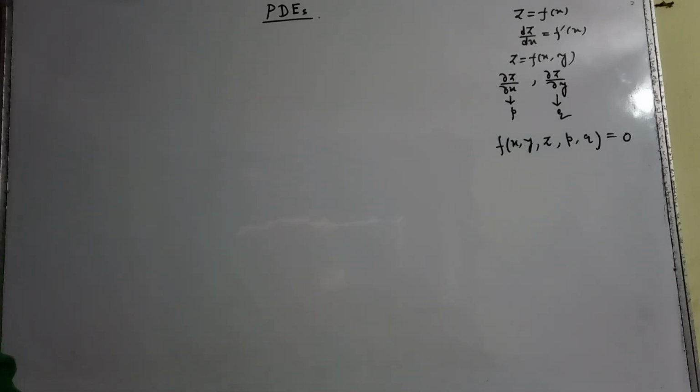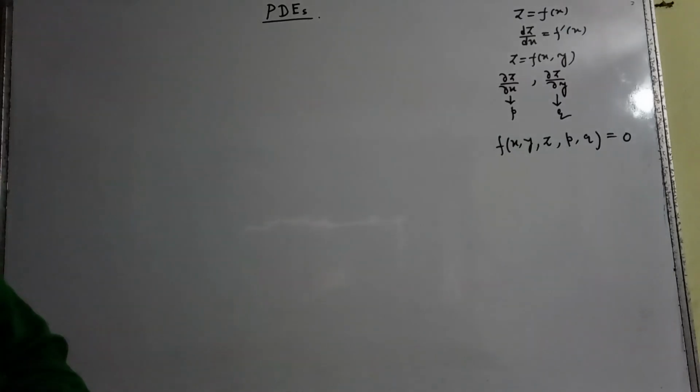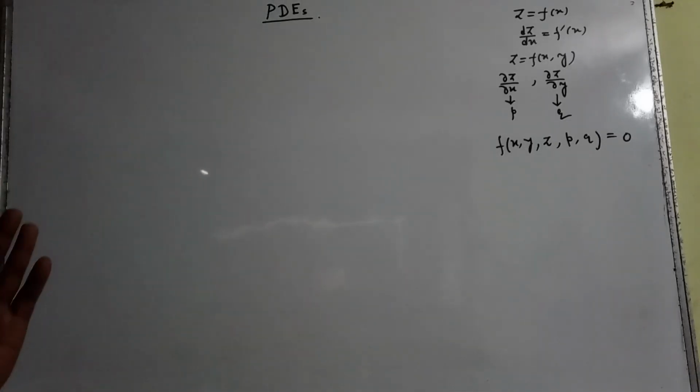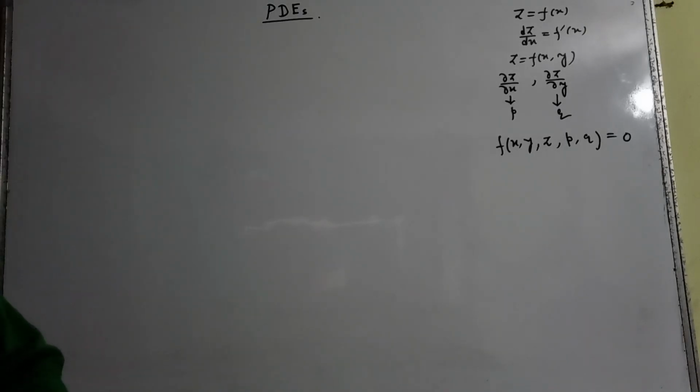Again, if there are arbitrary functions, then we eliminate the arbitrary functions to construct a partial differential equation. The second part is solutions of first order partial differential equations by the Lagrange method, the auxiliary equation.